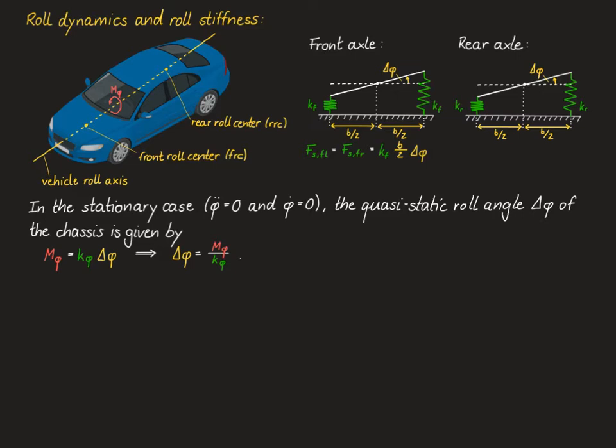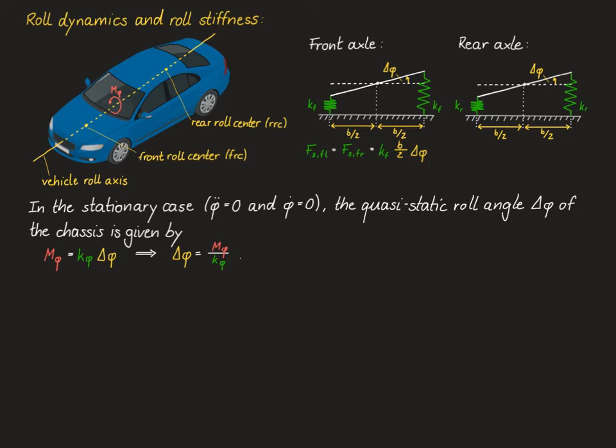By means of a small angle approximation, the compression distance of the spring of the left suspension and the extension distance of the spring of the right suspension both equal b divided by 2 times the angle delta phi.